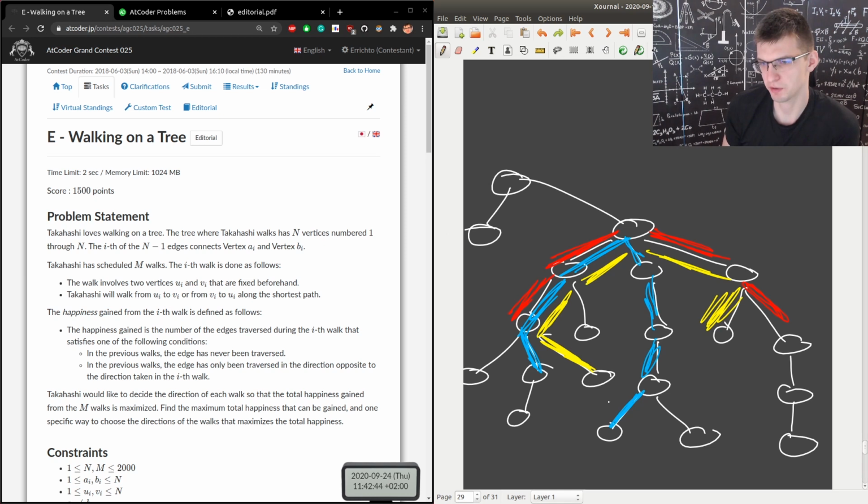I can decide about any path first. Let's say about blue, and I say blue goes in this direction. Can I now decide about any other path? Like find the path having most common edges with blue and direct it in the other way. Or what about this? Start with any directions, and if flipping one path improves the answer, do it.